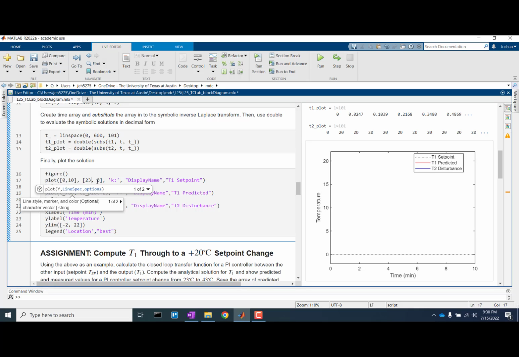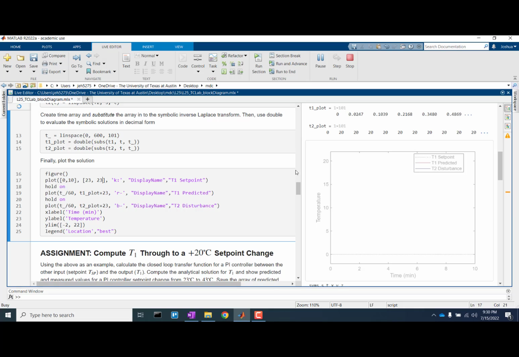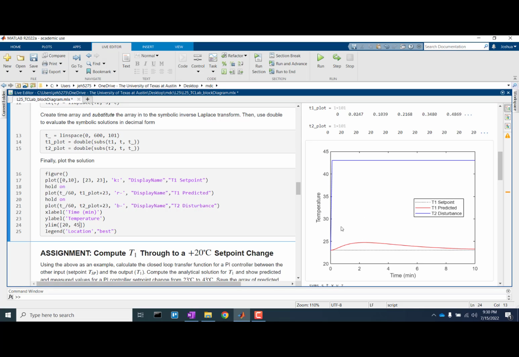So we've got to change these to 23 too. Oh, and our y limit is -2 to 22. Instead, let's set that from 20 to, let's say, 45. Hey, there we go. So our T2 goes up, and our T1 has an initial rise, and then it falls back down.